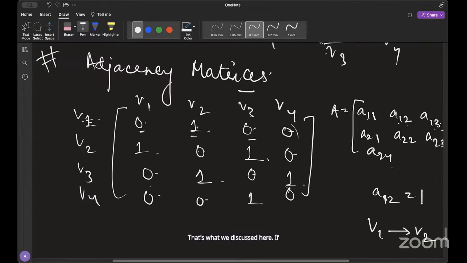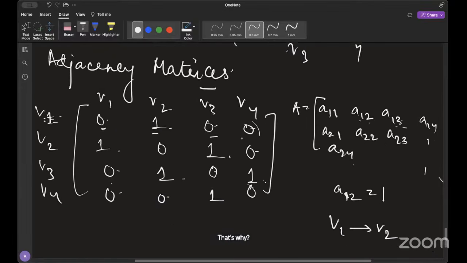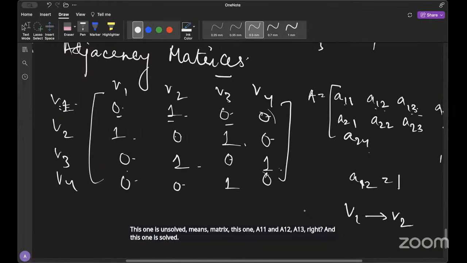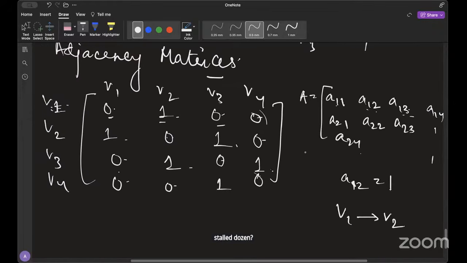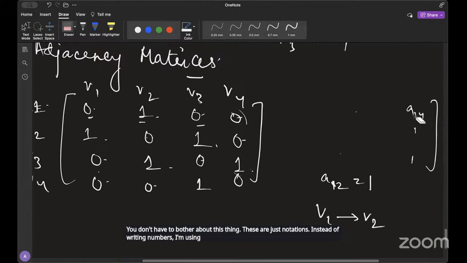If there is a 1 here, that means there is an edge from V1 to V2. This is just notation, nothing else. You don't have to bother about this. Instead of writing numbers, I'm using notations. That's it.